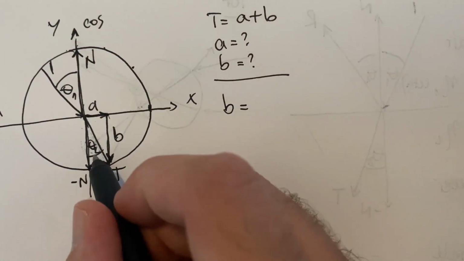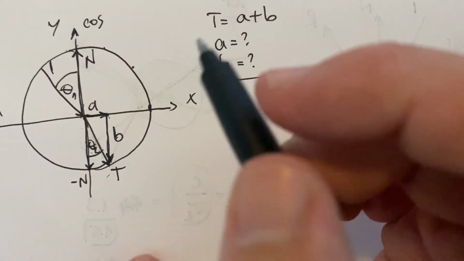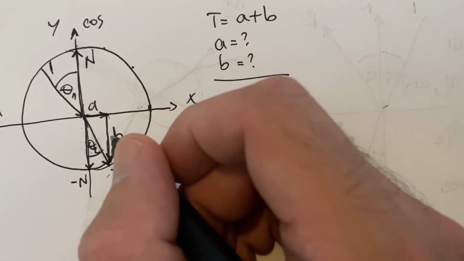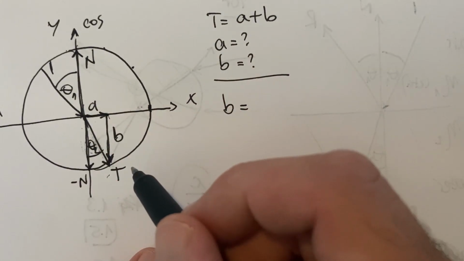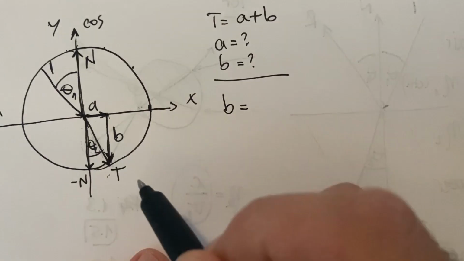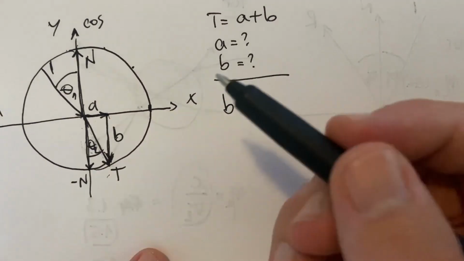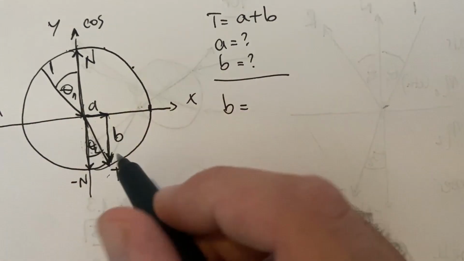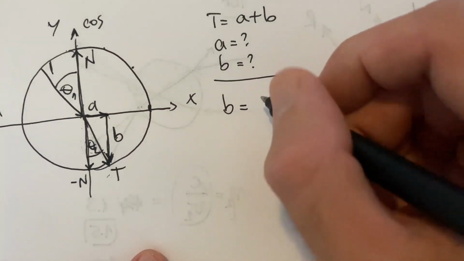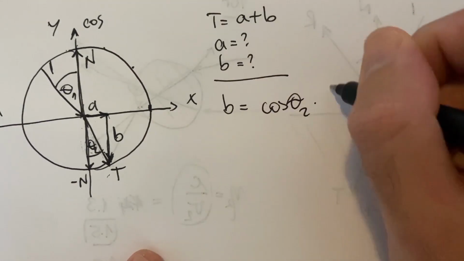So if you do cosinus of this angle, you get the length of this thing, but to get the direction, or to get the vector, you need to multiply it by a vector that goes in the same direction. So you say cosinus theta 2 times minus n.